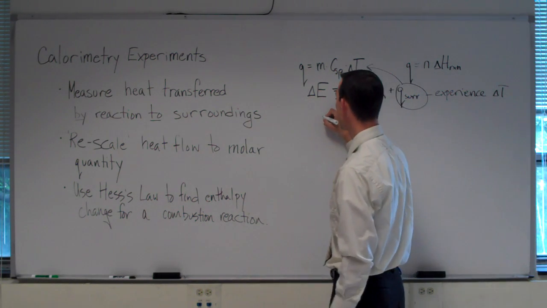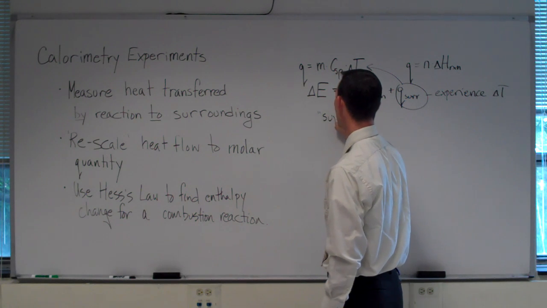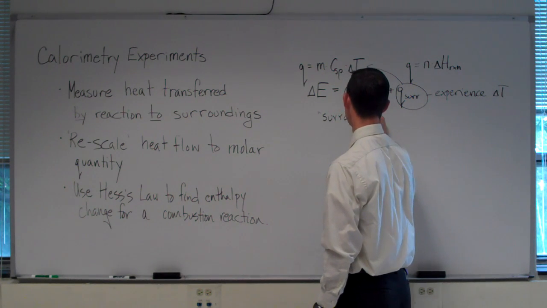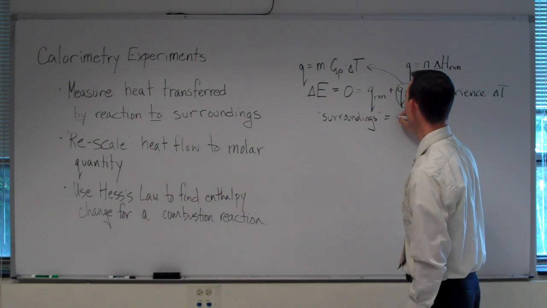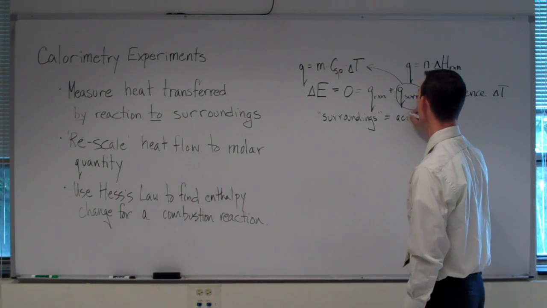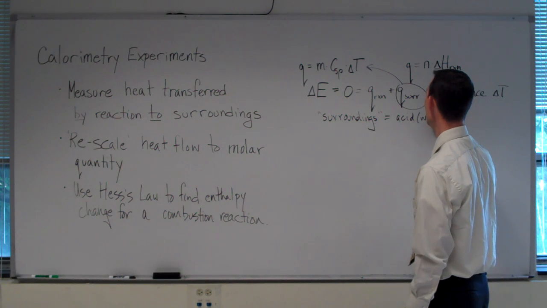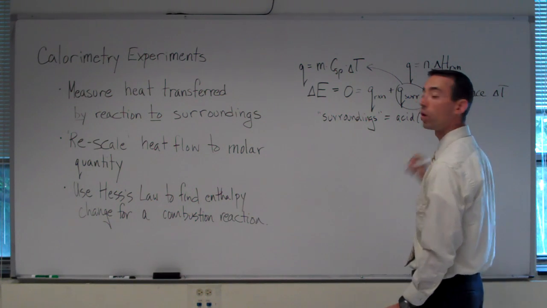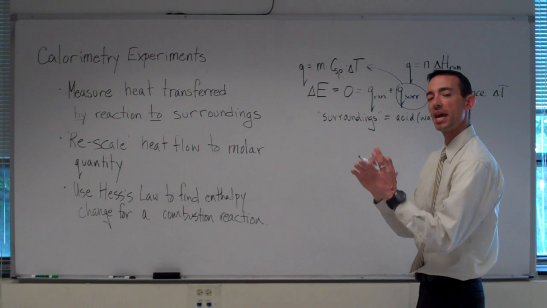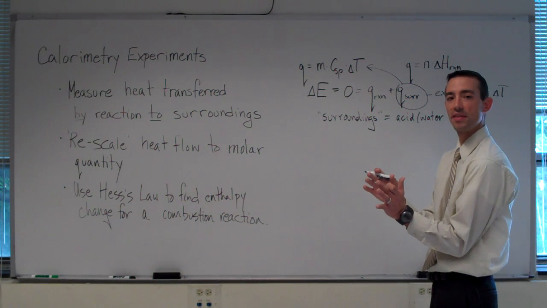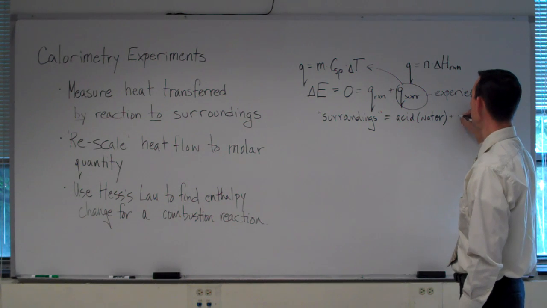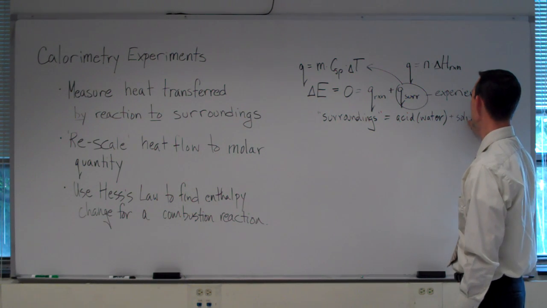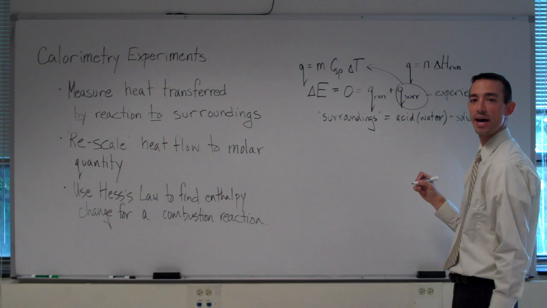And inside the calorimeter, the surroundings will be the combination of the acid that we use, which is really just water. So we can estimate the behavior of the acid, or the properties of the acid, to be the same as those of water, plus a small amount of solid that gets added to that.